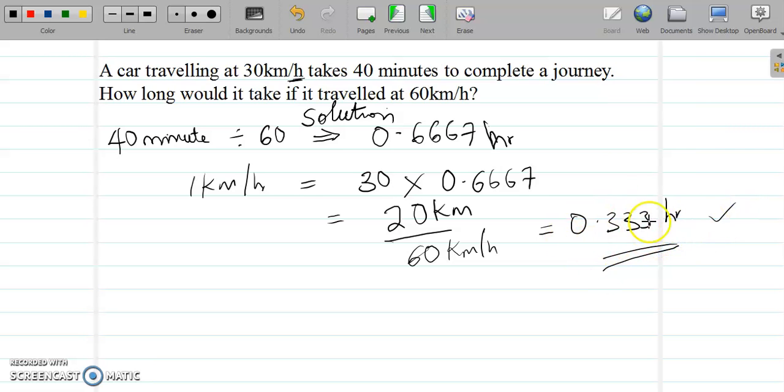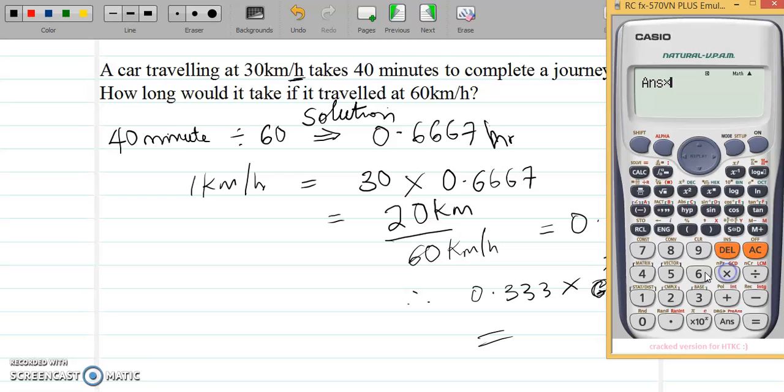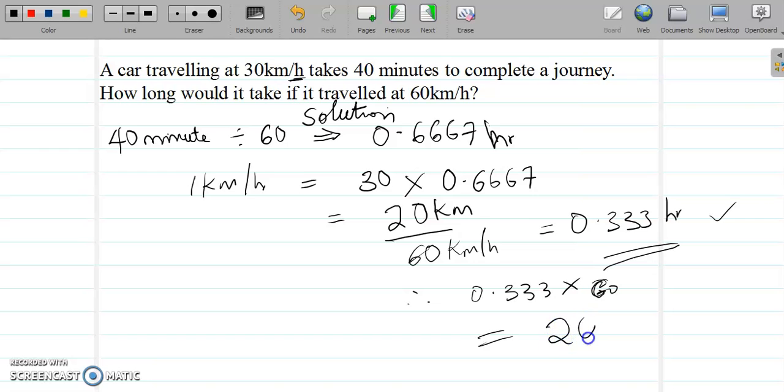So I'm going to convert this to minutes by multiplying by what? 60. Therefore, 0.333 times 60 to convert to minutes, we have 20. So it's going to take us 20 minutes to complete the journey.